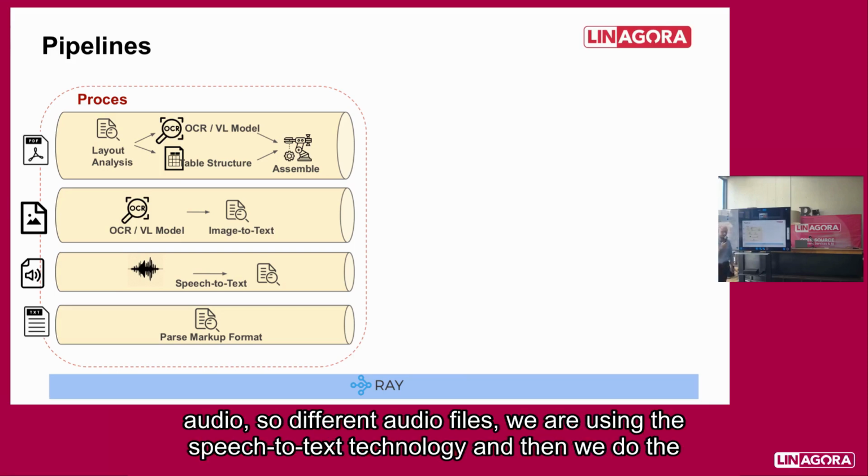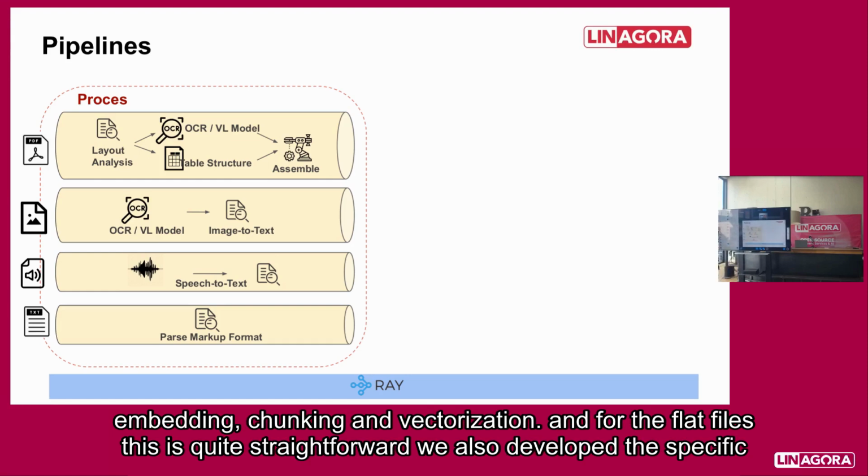For the audio, so different audio files, we are using the speech-to-text technology, and then we do the embedding, chunking, and vectorization. And for the flat files, this is quite straightforward.